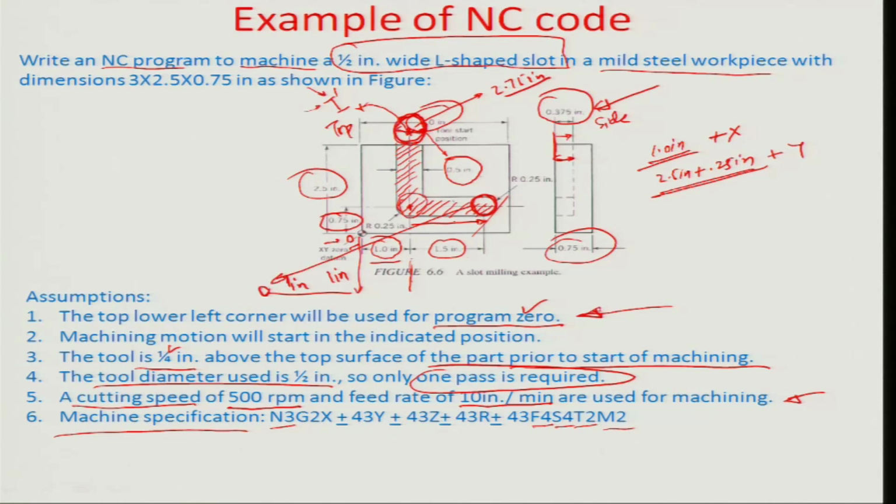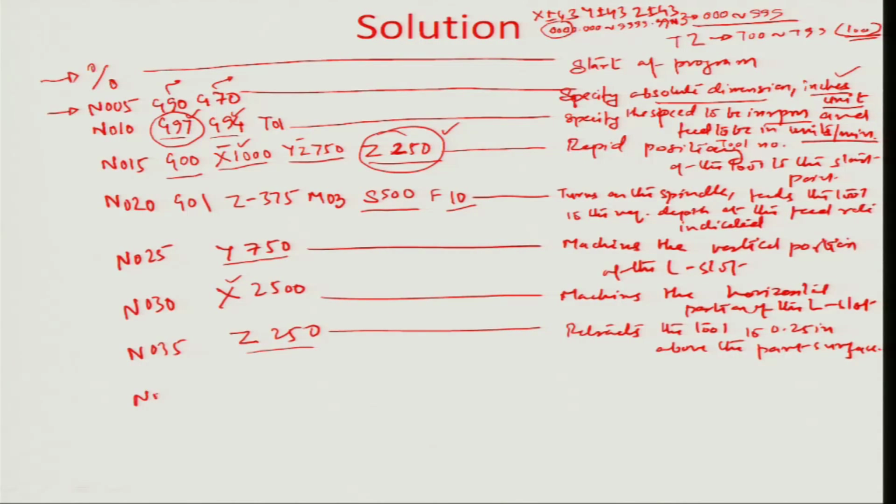So the tool needs to get translated from here to here, and we can say that the 40th line of this program can give that command saying that take the x back to minus 1.000 and y back to minus 1.000, and this can be rapidly positioned again. Because the feed command is something that needs to be executed at the outset, otherwise the feed would still be the same 10, and then you can't have the rapid positioning access back again.